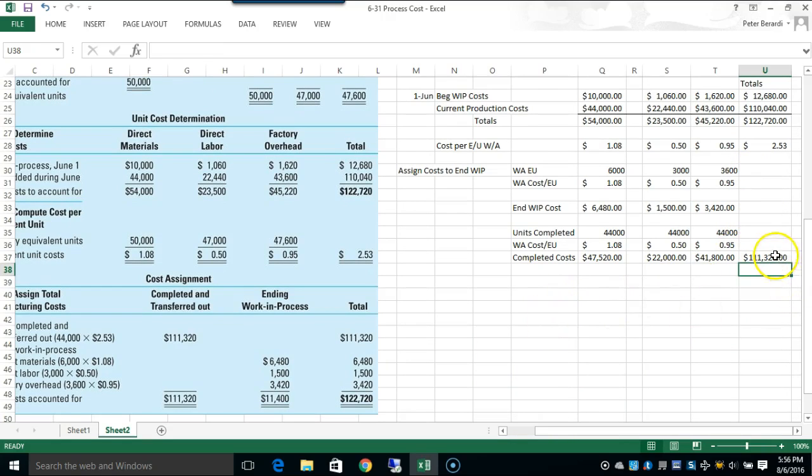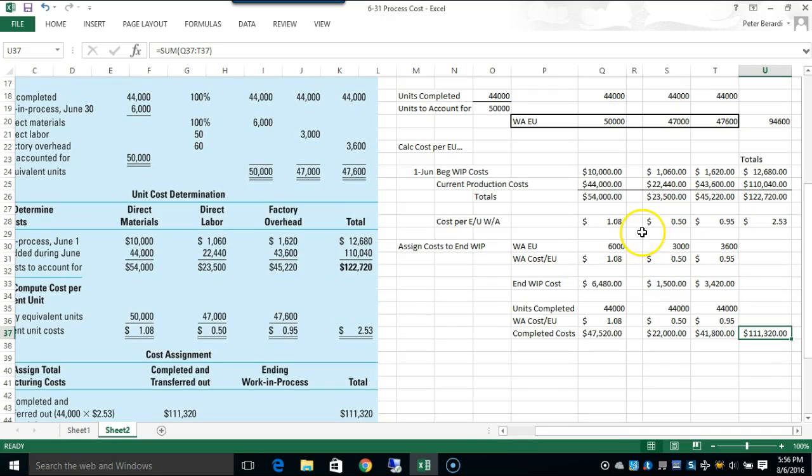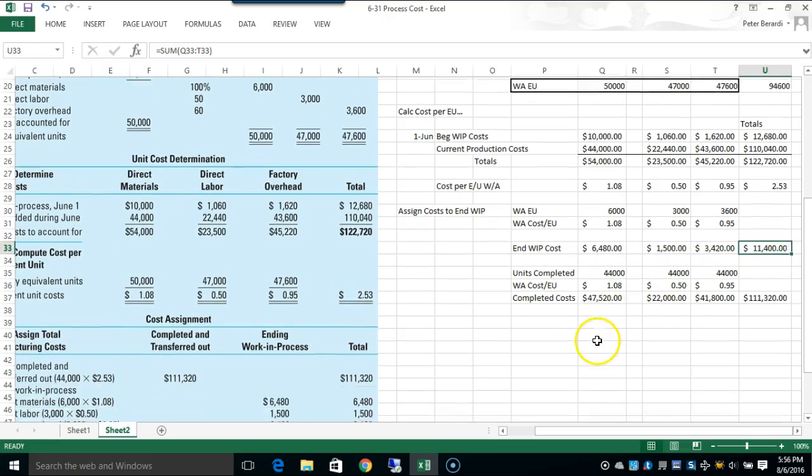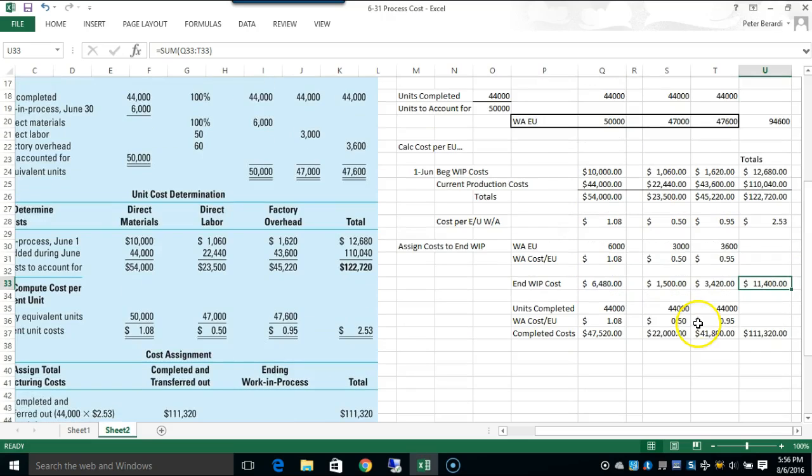So total costs have been assigned to units completed, 111,320, and to ending WIP. So we'll put in the total there of 11,400. These two added must equal your total costs in the problem, which is given to you right here.